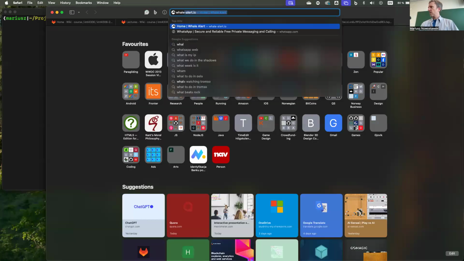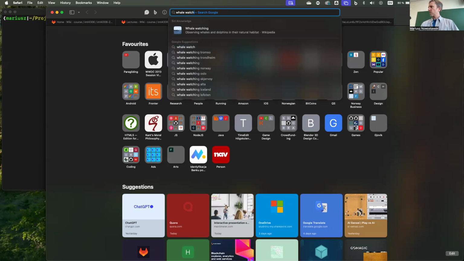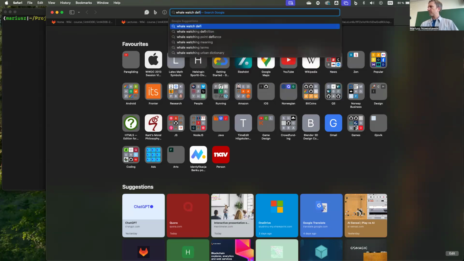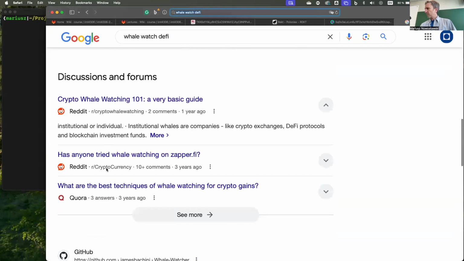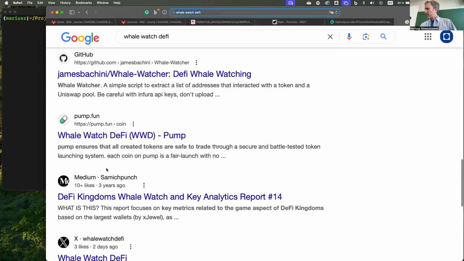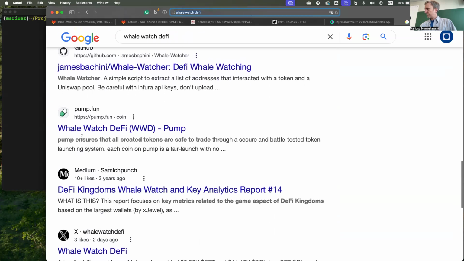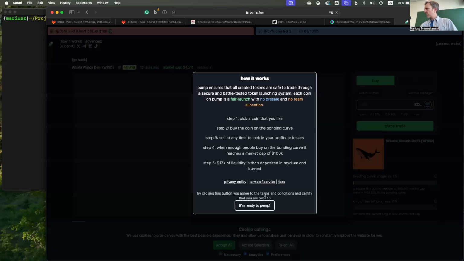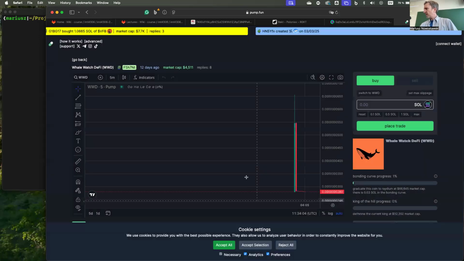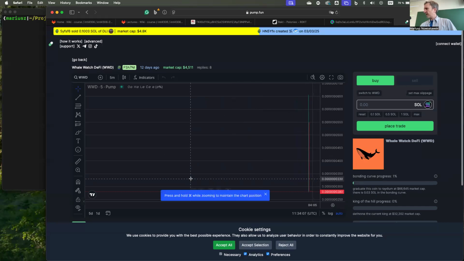So there are some whale watching kind of services, and this one is on Tron, so you can observe events that happen and who is moving money around.